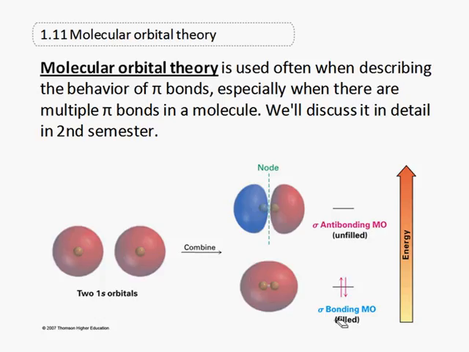So a bonding molecular orbital is one where there's electron density between the atoms. Right? That defines a bond for us. Anti-bonding is where there's no electron density. So the two electrons that we originally started with occupy a bonding molecular orbital, which means those electrons can participate in that sort of bonding.